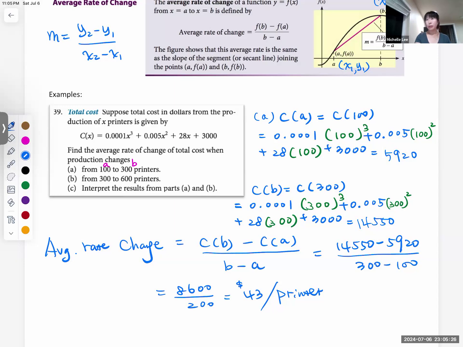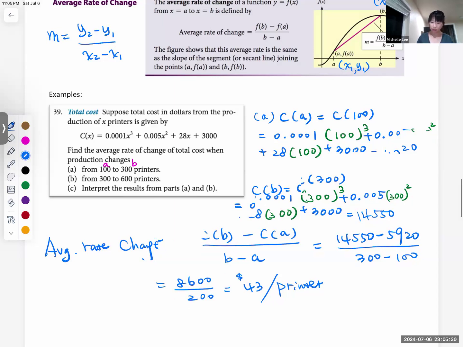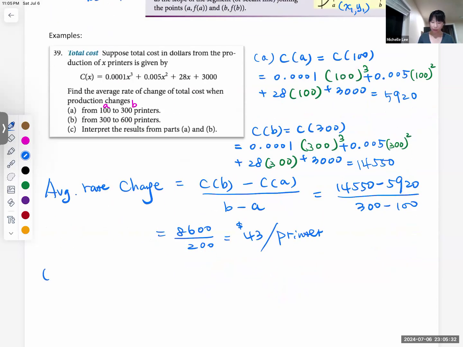So second part, we have the same a and b. C of a, which is C of 300.